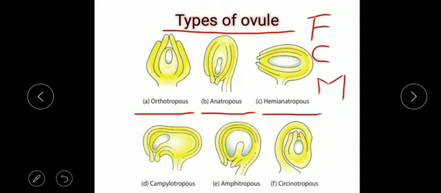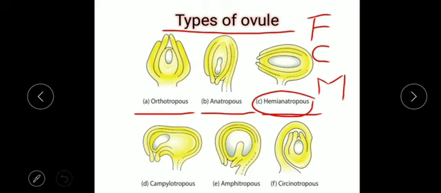Next is hemianatropous, or hemitropous. It's very easy to remember because you can compare it with orthotropous and anatropous. Ortho is straight, like when you look straight up, but when you bend your face it's like anatropous. When you are not totally up and not totally bending your face, you are just in a side position, that is called a hemitropous ovule.